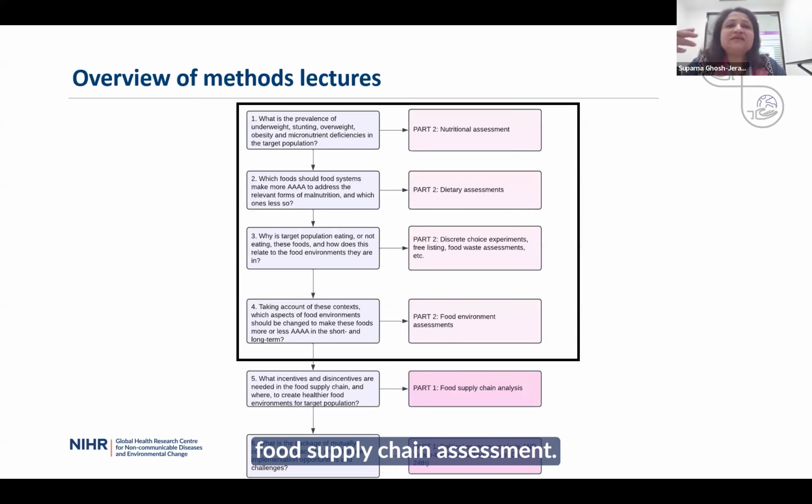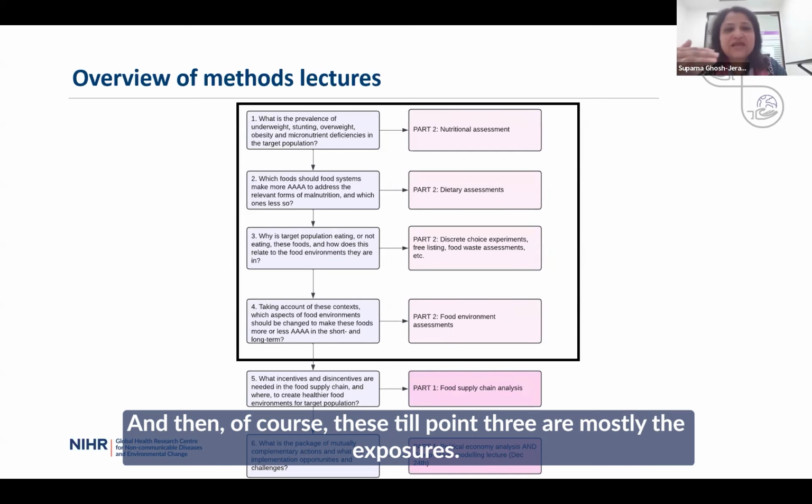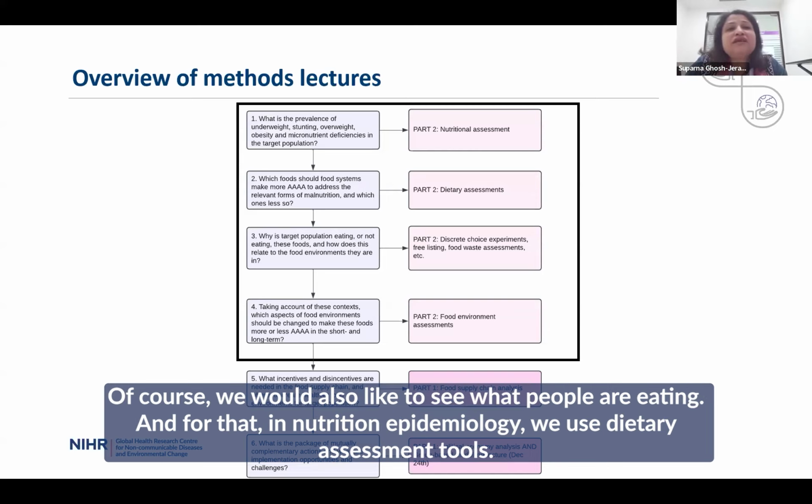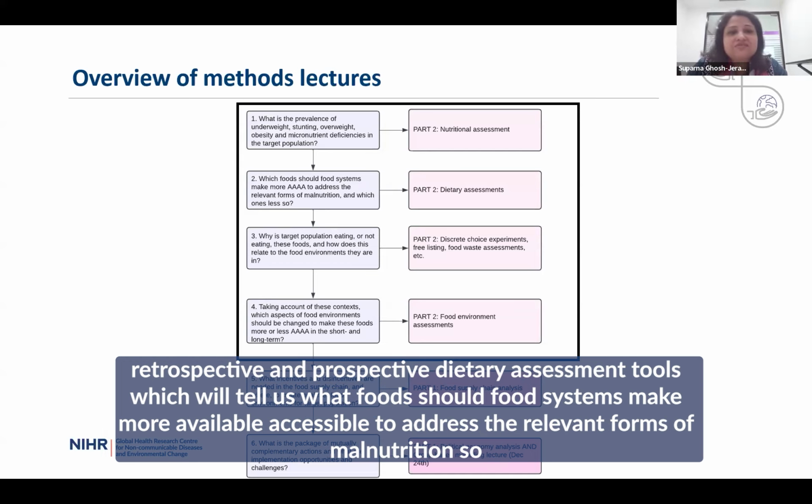And then, of course, these till point three are mostly the exposures. Of course, we would also like to see what people are eating, and for that, in nutrition epidemiology we use dietary assessment tools, retrospective and prospective dietary assessment tools, which will tell us what foods should food systems make more available, accessible to address the relevant forms of malnutrition.